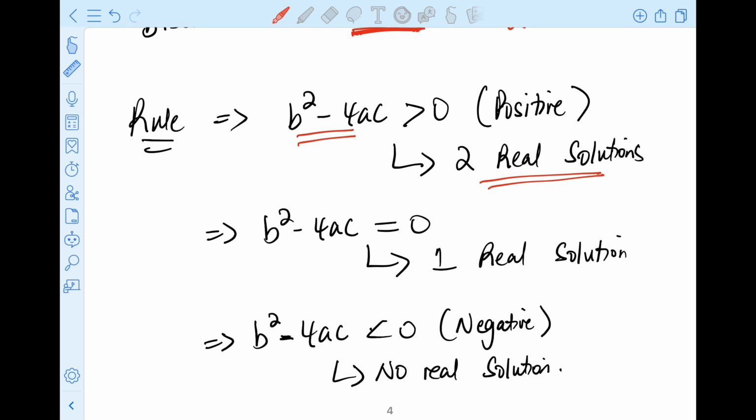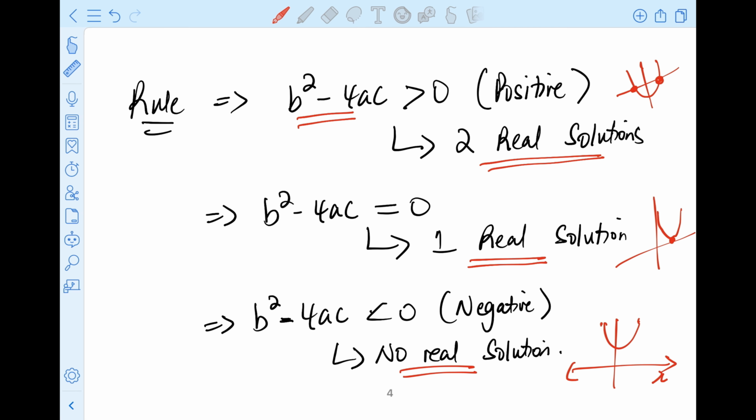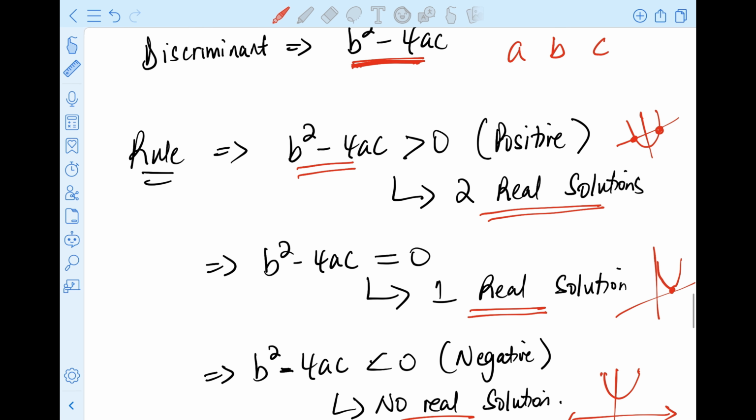If you get it being equal to 0, then it means that we have one real solution. And if we get it being a negative number, it means we have no real solution. And remember, no real solution means that it doesn't cut the x-axis, right? One real solution means that it's on the axis itself, and two real solutions mean that it cuts the x-axis twice.